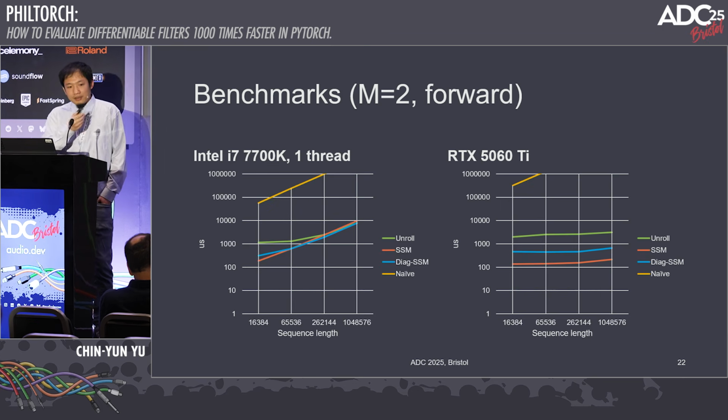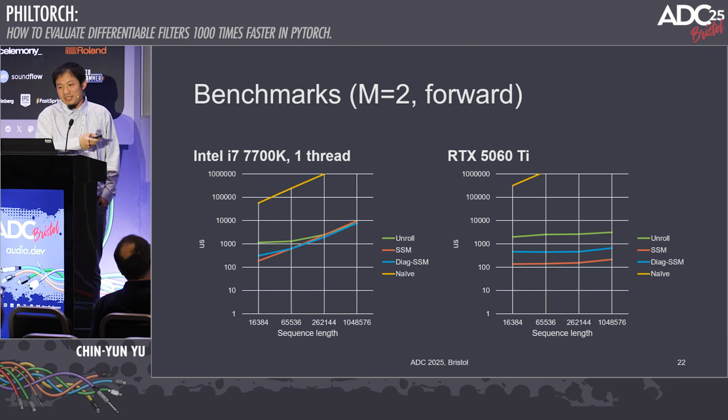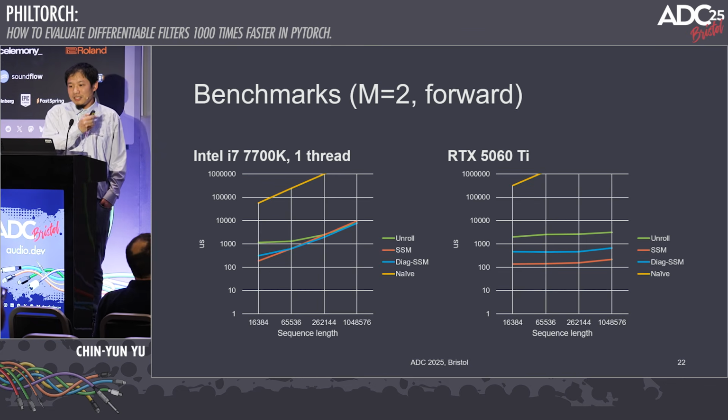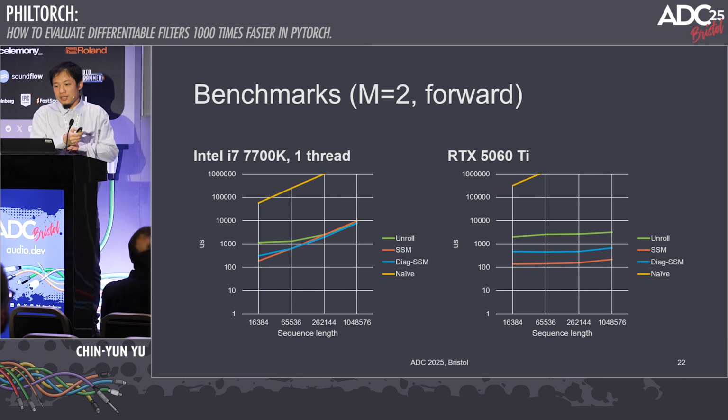And lastly, I think probably everyone is only interested in the numbers and some plots, so I show some benchmarks here. To compare the speed of all the methods I showed before, I did a very simple benchmark. The methods I compare are the naive method using just a for loop, using all Python API, the optimized SSM kernel, and also the diagonalized version of it, and simple unrolling I just showed.